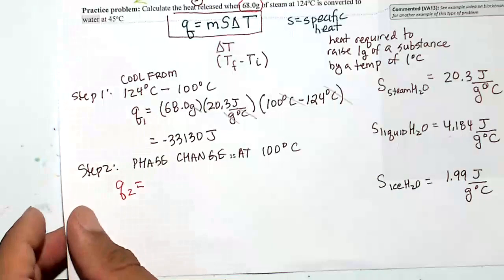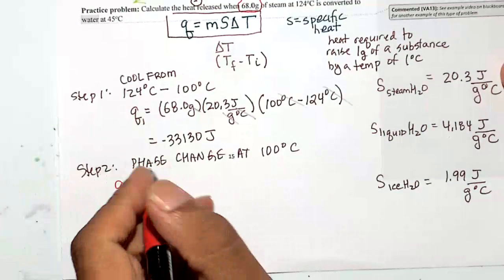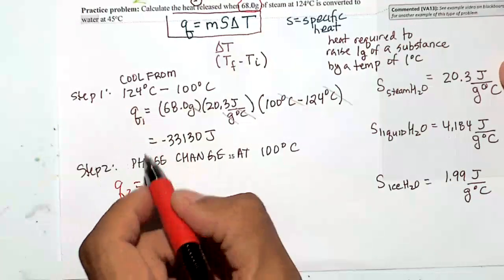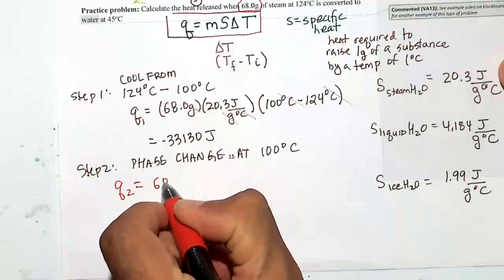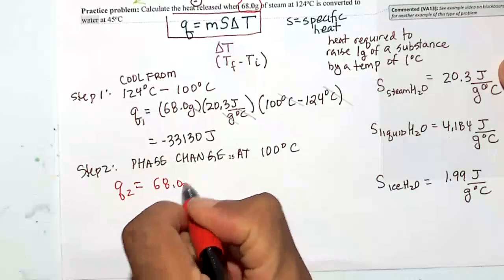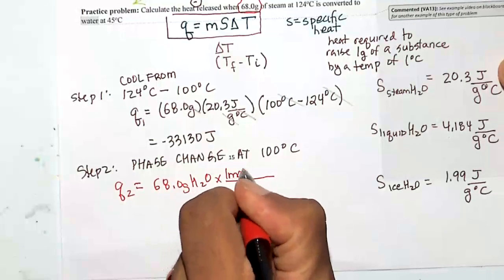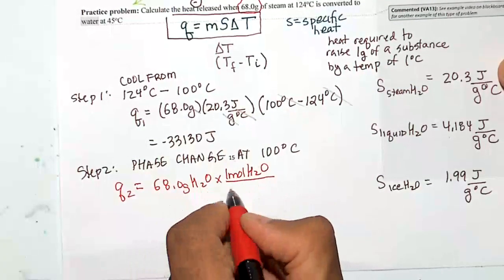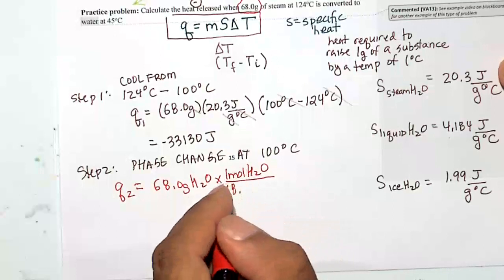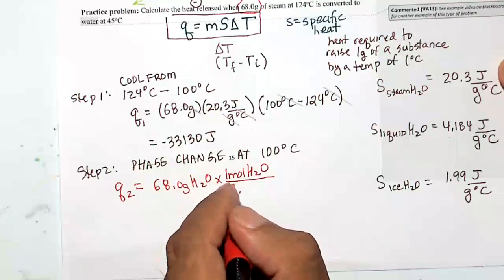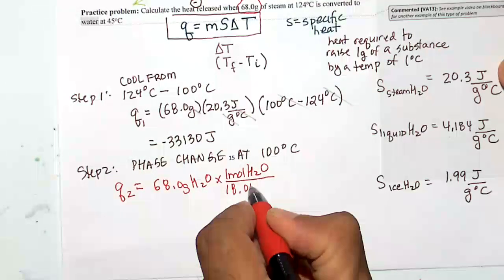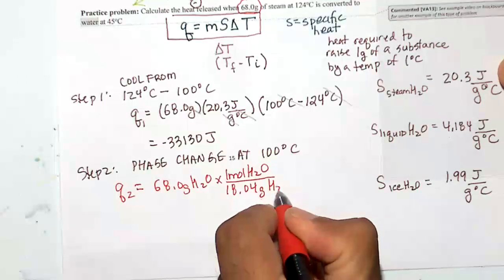Now we're at 100, and we're continuing to cool. Once we're at 100, we have to overcome the phase change. So we have 68 grams of water times 1 mole of water has 18.02 grams of water.